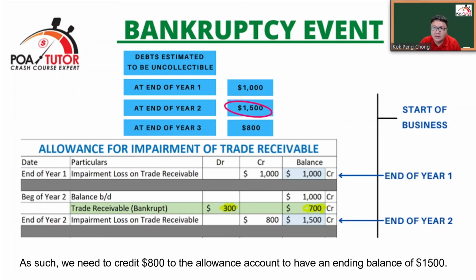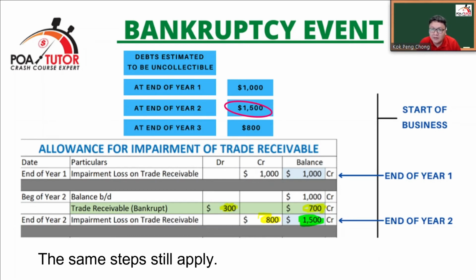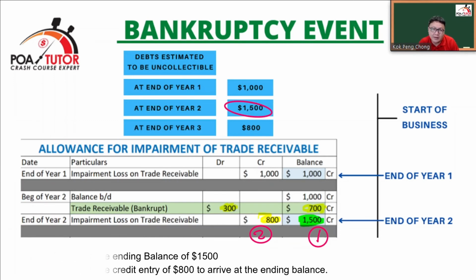As such, we need to credit 305 to the allowance account to have an ending balance of 1005. The same steps still apply. Step 1, determine the ending balance of 1005. Step 2, determine the credit entry of 305 to arrive at the ending balance.